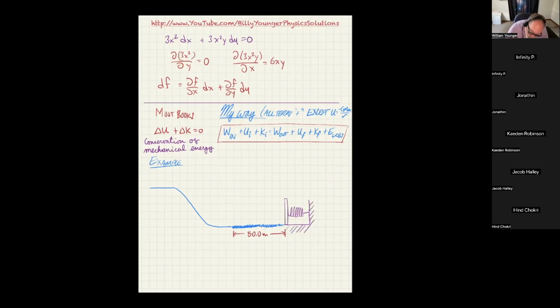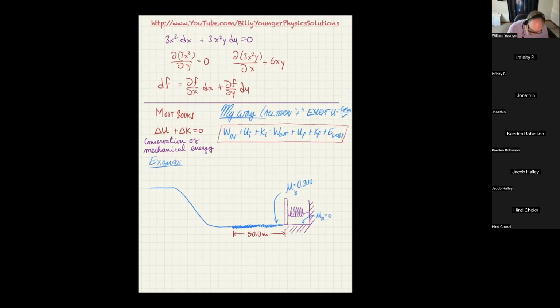So what I'm going to do is say right here, mu is equal to 0.300, and that's mu kinetic. And right here, mu kinetic is equal to 0.